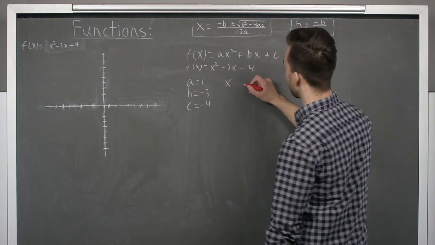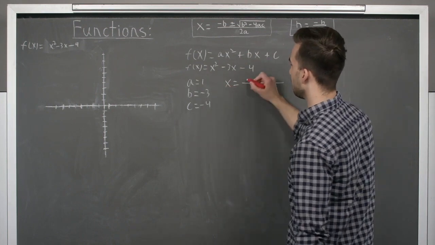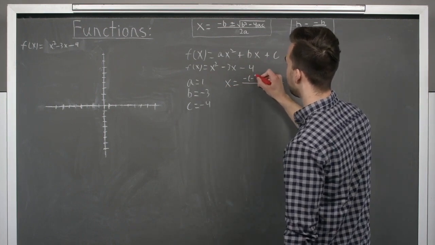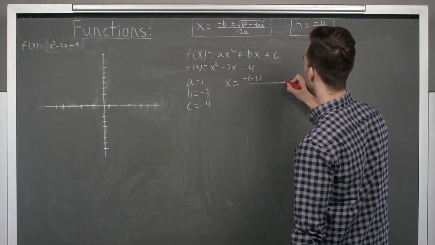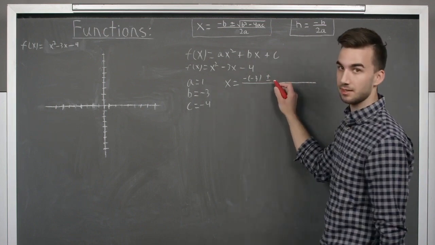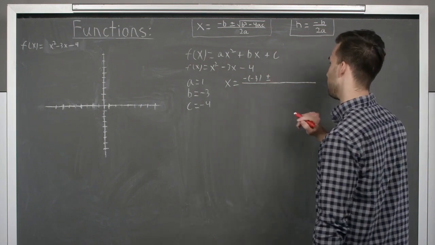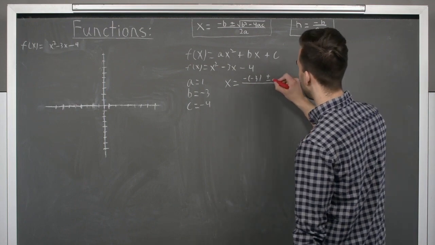Solutions, plural, equal negative our b value, so negative 3, plus or minus. That's where we get the two solutions, because we eventually have to break it into a plus and a minus.